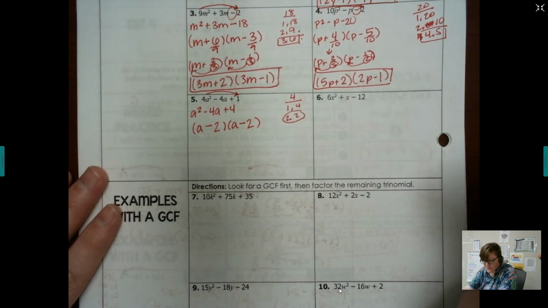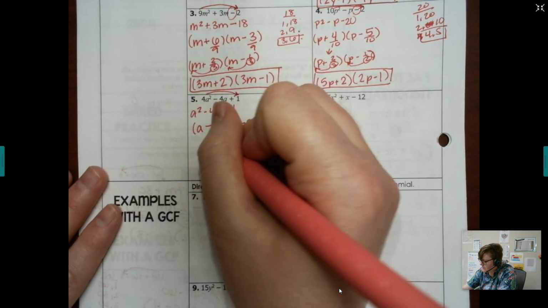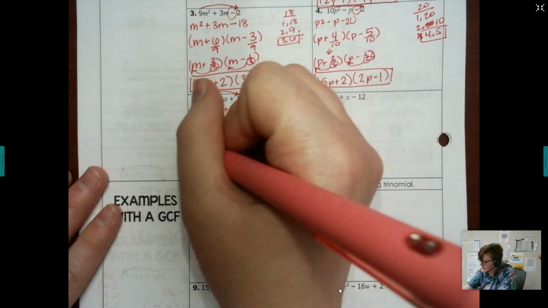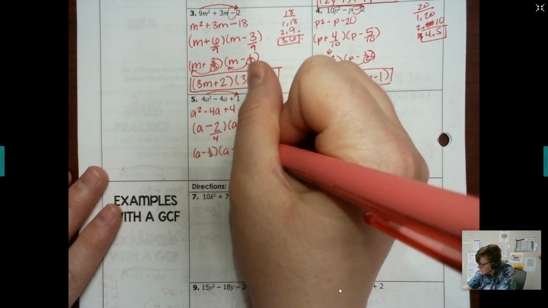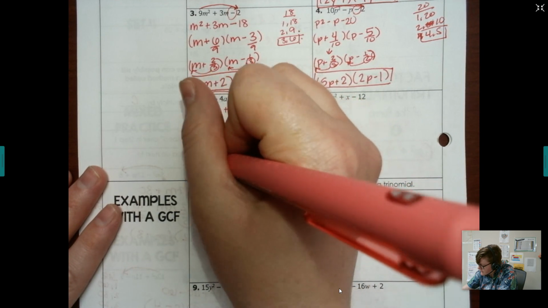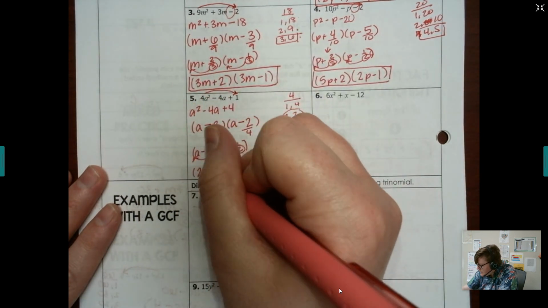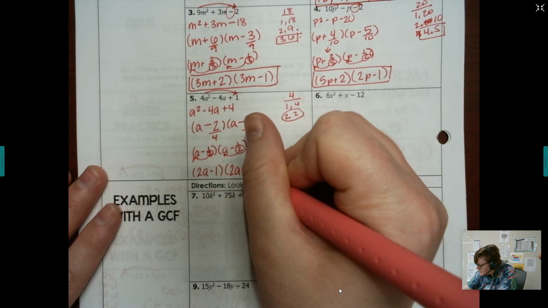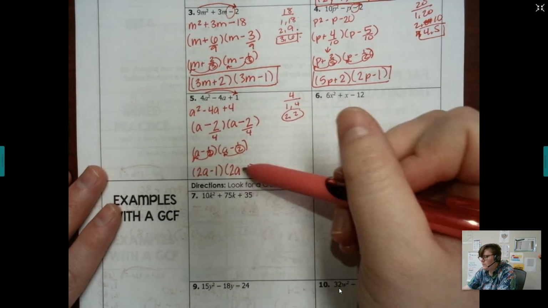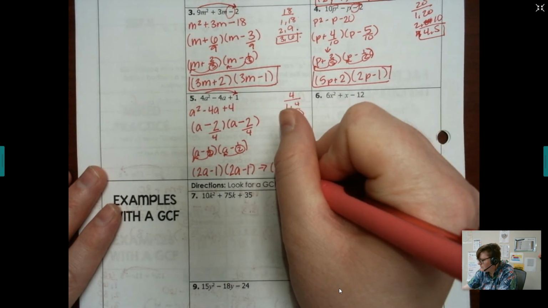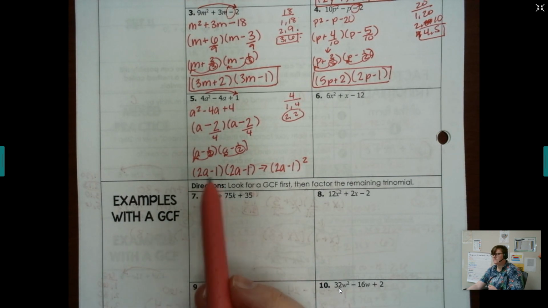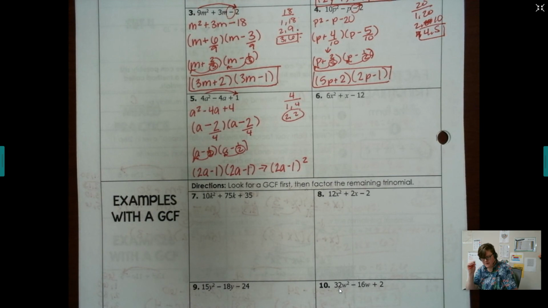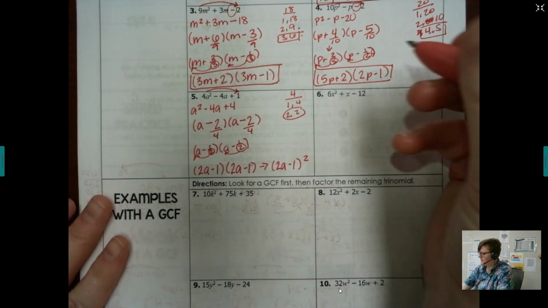Okay, and then you can divide by that 4, right? a minus 1/2, a minus 1/2. Bring those denominators to the front. 2a minus 1, 2a minus 1. And remember, when we've got the same thing twice, we can rewrite it like that. Again, not necessary. This is a fine answer for this class. Okay, we're almost there.